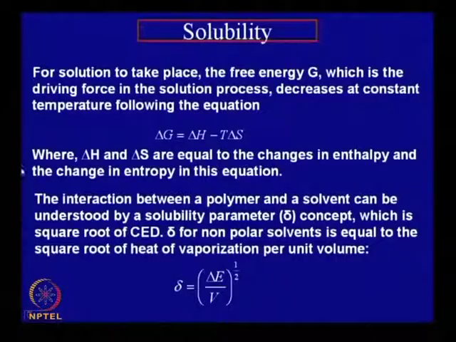That depends on the interaction between a polymer and a solvent, and that can be understood by the solubility parameter delta concept, which is the square root of cohesive energy density, CED.